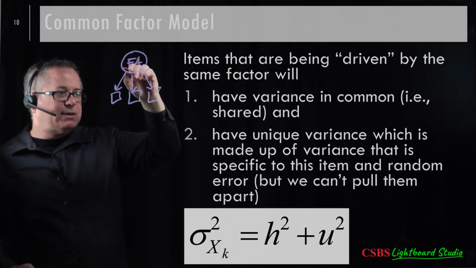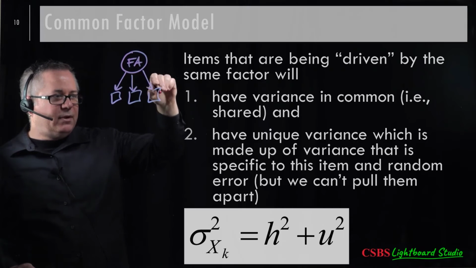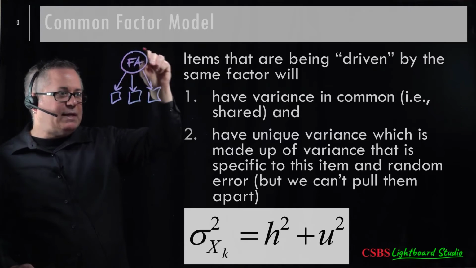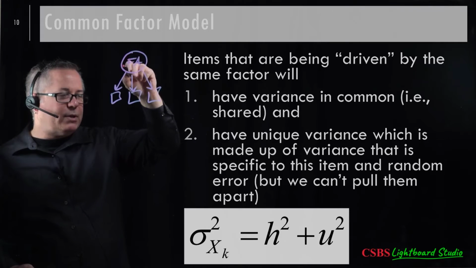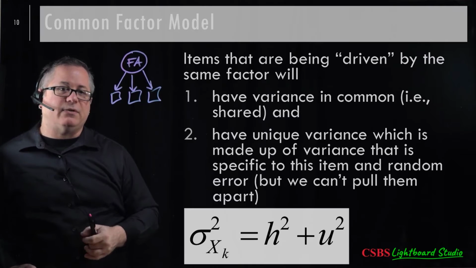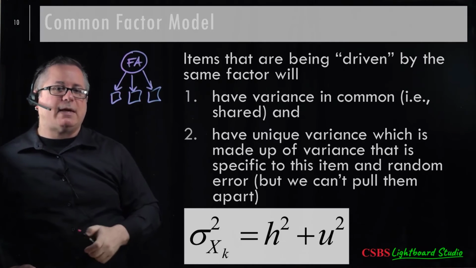If I'm depressed, I'm going to answer higher on these items. If I'm low on depression, I'm going to answer lower on these items. So my level of this metaphysical latent thing up here that we're trying to measure is driving my responses to these items. And that's why it's seen as theoretically driven, and we're trying to identify theoretically based factors.